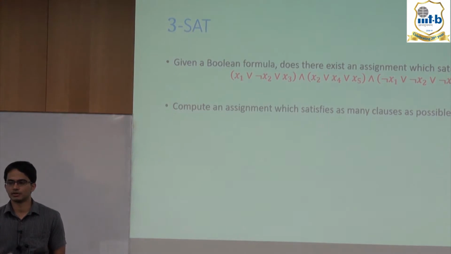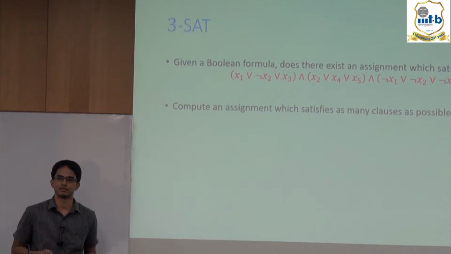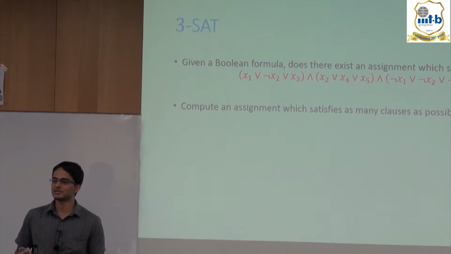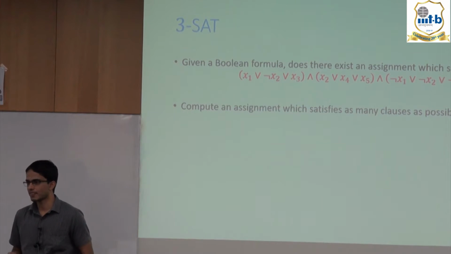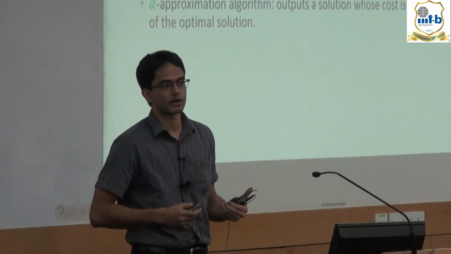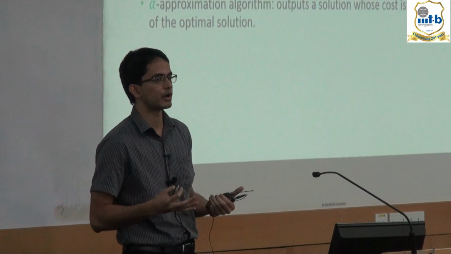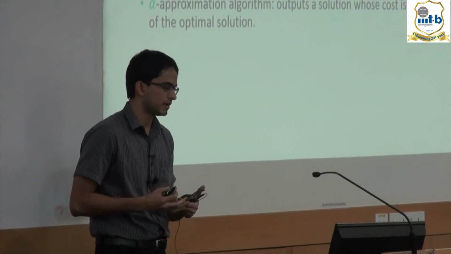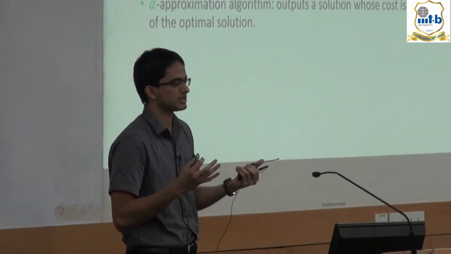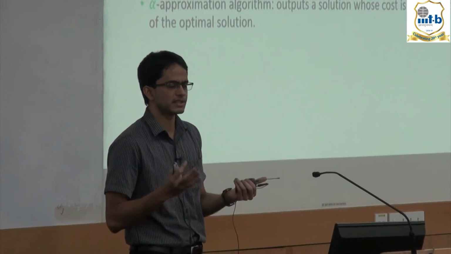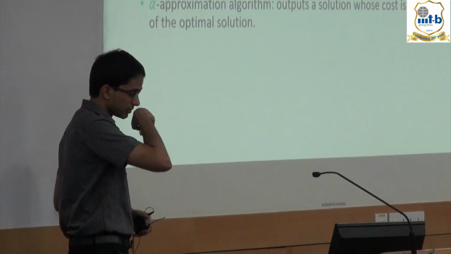So what do we do? We cannot just give up and say, okay, this is a hard problem, we're not going to solve this, let's go home. What we try to do is solve this approximately, in a very formal sense. We want to find an algorithm that runs in polynomial time, but finds a solution which satisfies maybe not as many clauses as is possible, but a reasonably large number of clauses.